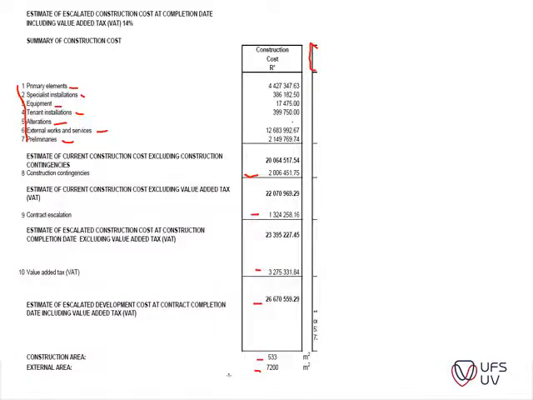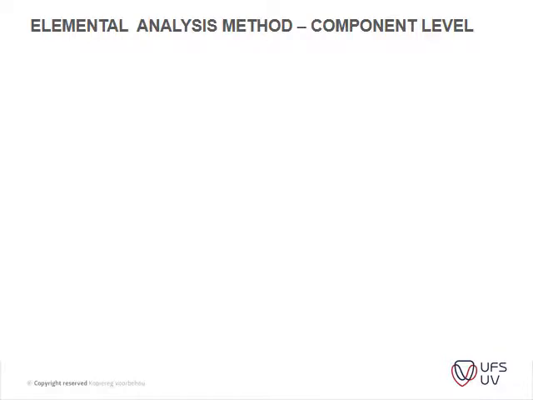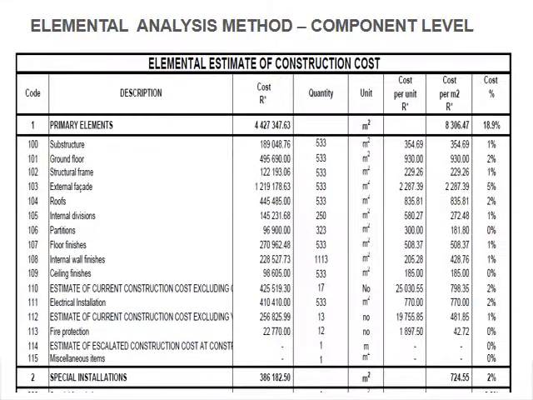So just going to the different elements or components, you can see each of those different elements that I showed you in the previous slide is then divided into your substructures, your ground floor, structural frame, external works, your roofs, internal divisions, partitions, floor finishes, etc. You can see it is much more accurate and caters for much more information to be included.